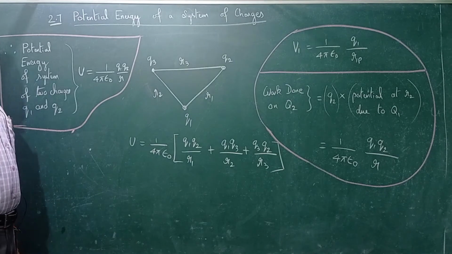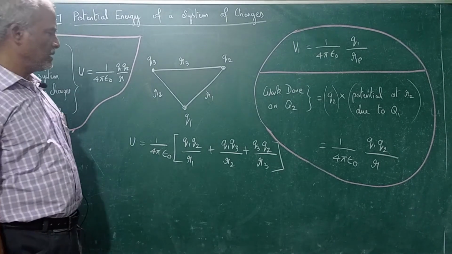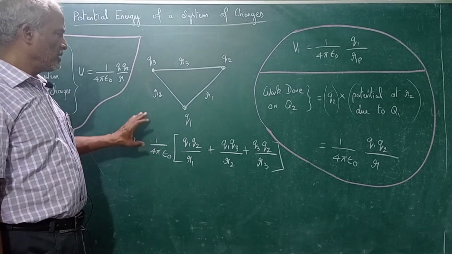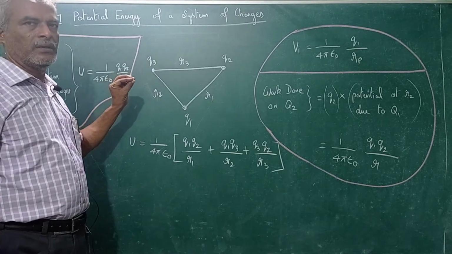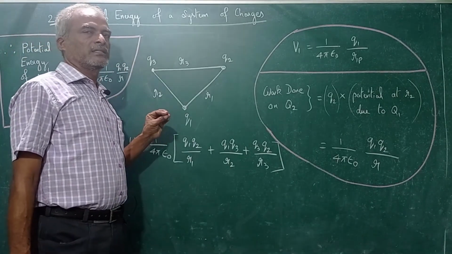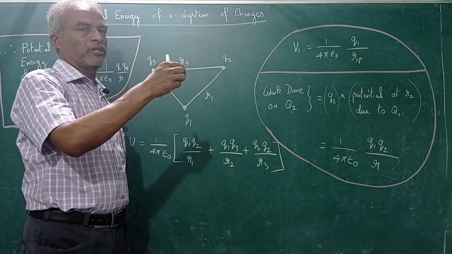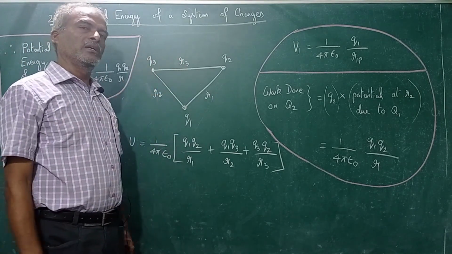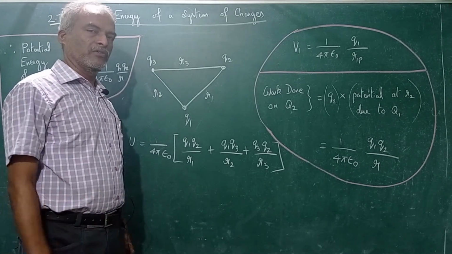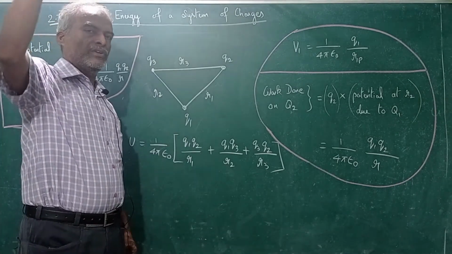Therefore, we conclude that the basic first point we have to consider is the very first charge that is carried from infinity to a particular point does not face any repulsive, any kind of force, just it travels from infinity to that point.